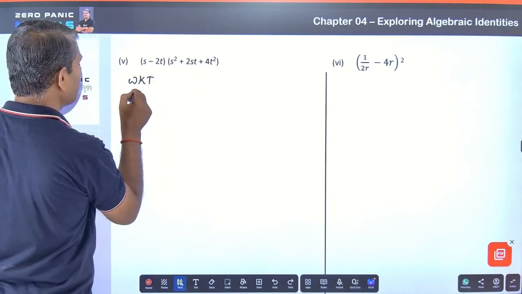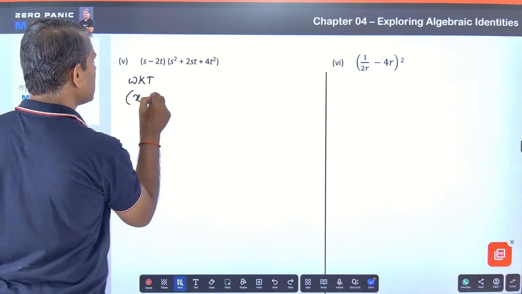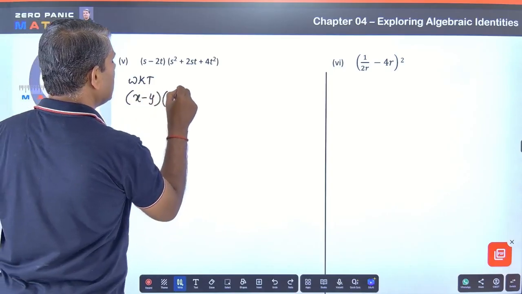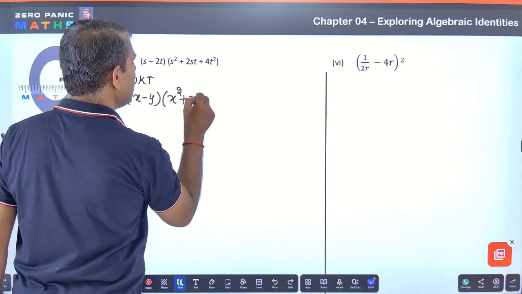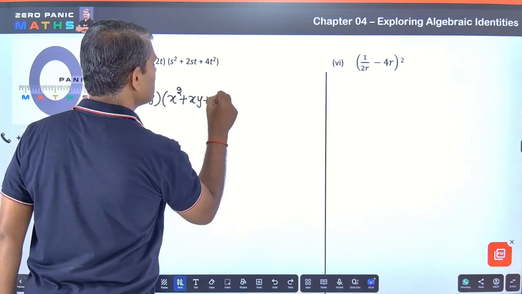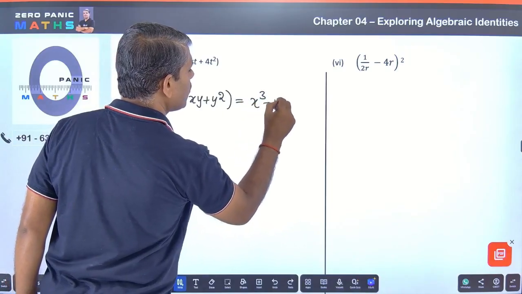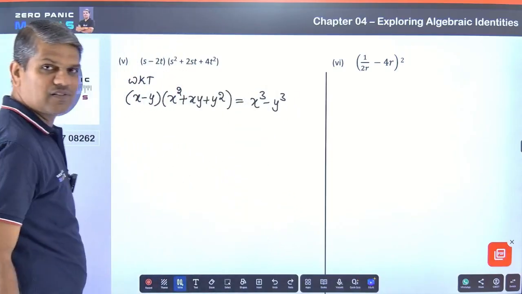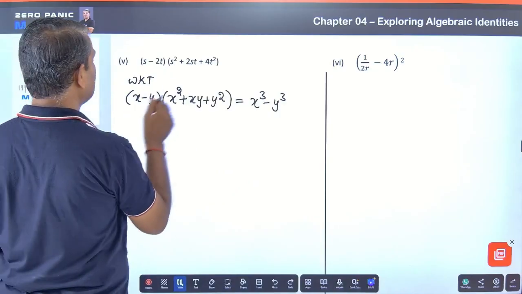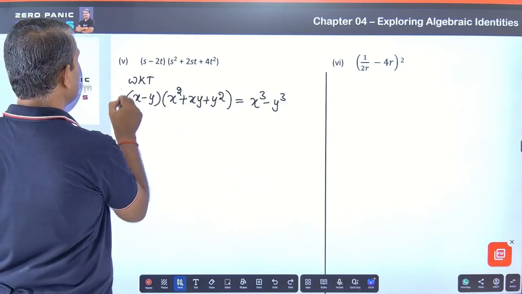Let me write that first. It is x minus y and x square plus xy plus y square, and it was equal to x cube minus y cube. You remember this? There was an identity like this, so it is matching this identity.